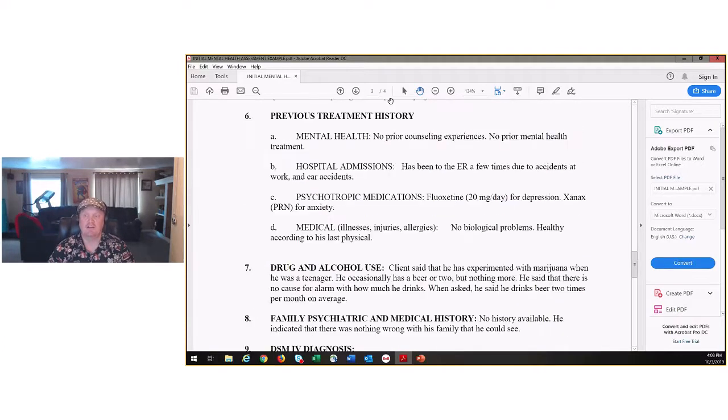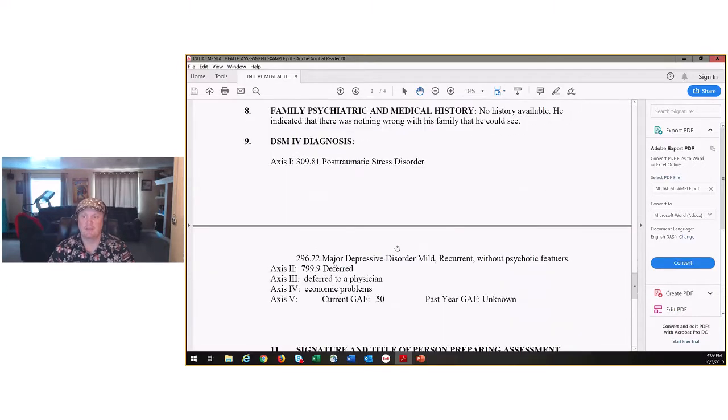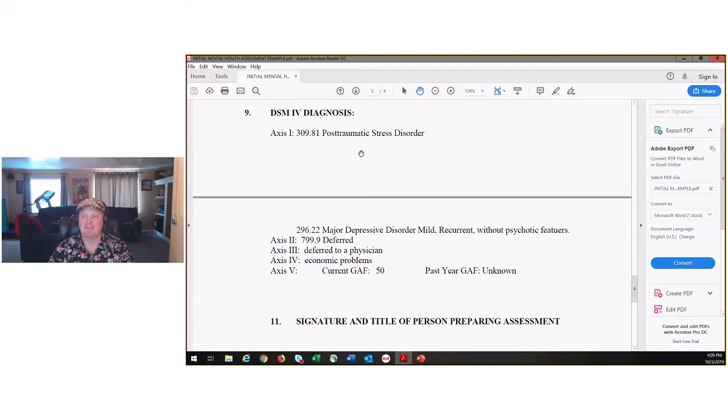And then back down here is getting information about treatment history, drug and alcohol use, and all that. As you can see, this was from the DSM-4, so this dates it quite a bit. The diagnosis wouldn't change, though, if I were seeing this client today for the same reason, because the DSM-5 symptoms still would fit.